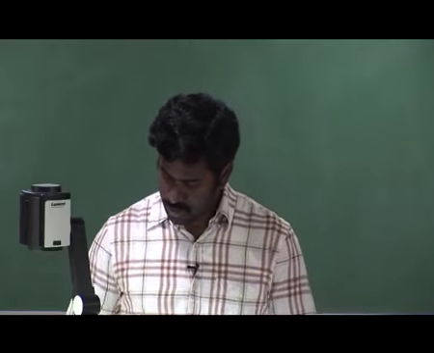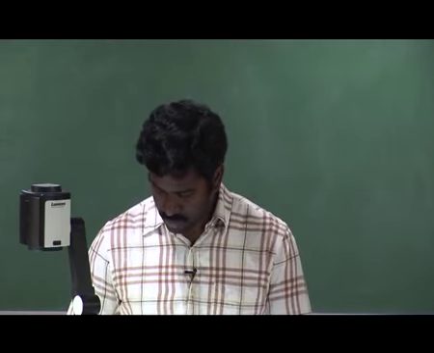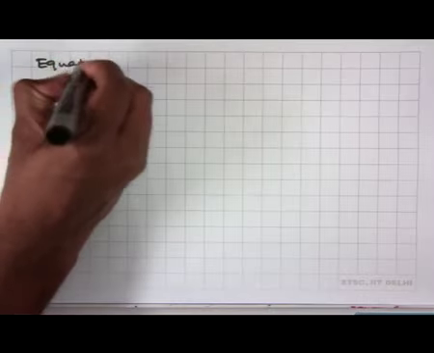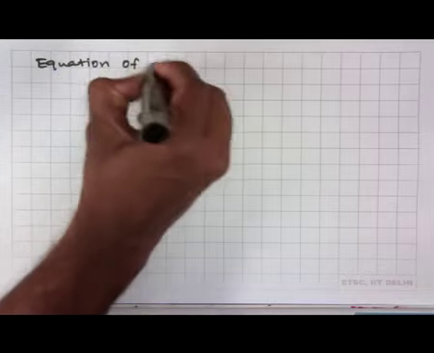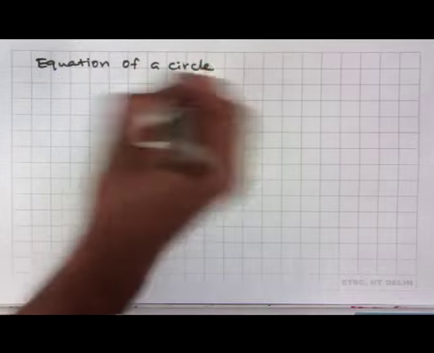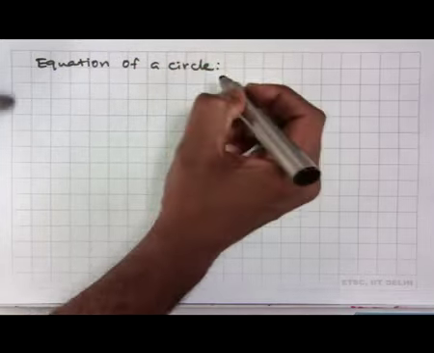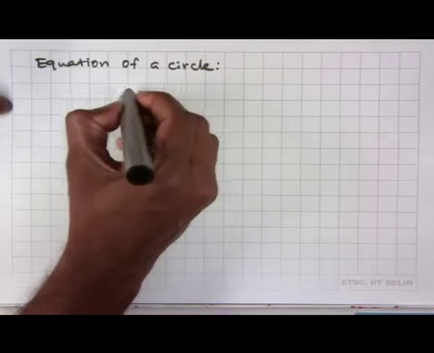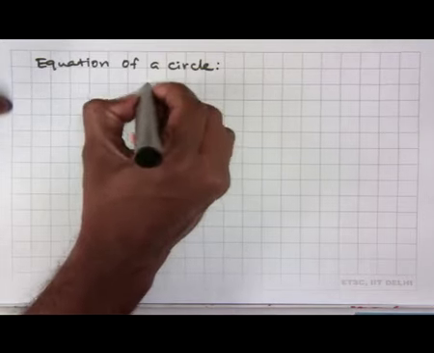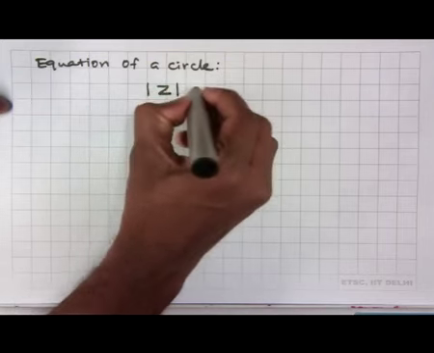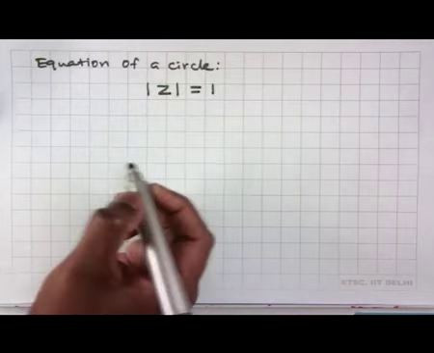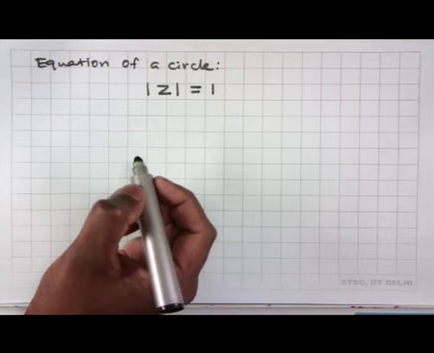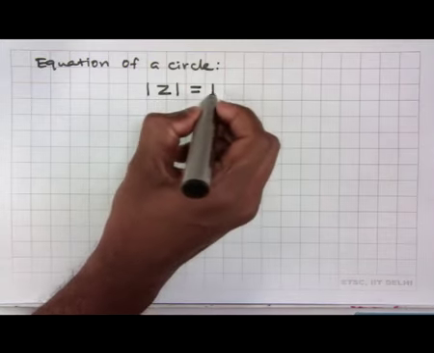So, let us try to study the equation of a circle in the complex plane. What we studied is the simplest one, which is the unit circle, described in the complex plane by mod z equal to 1.